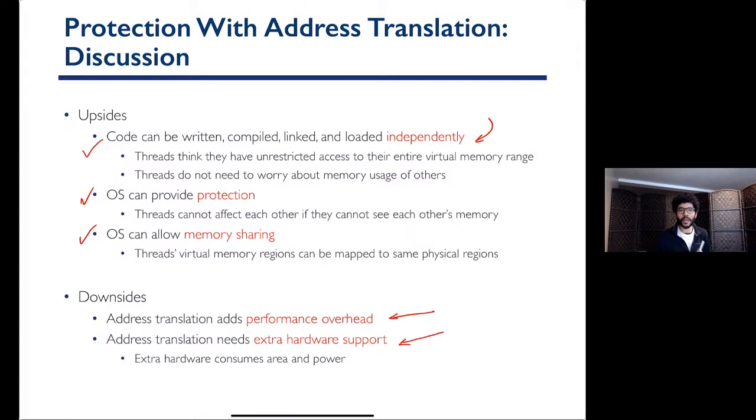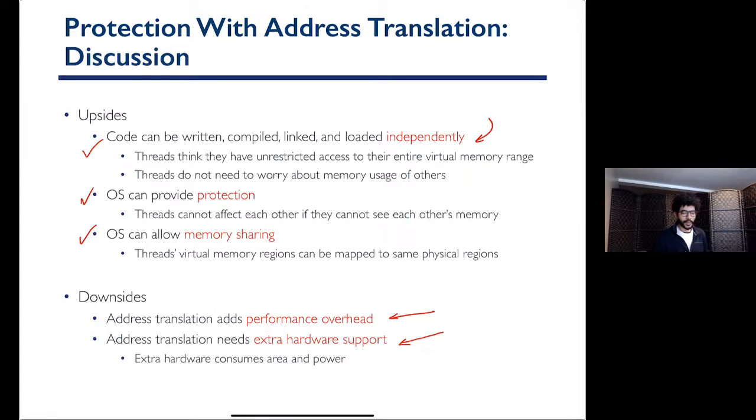You have to remember that the reliance on hardware is for performance. So we have an idea, this is how we're going to do it. But if we do it in software, it's going to be really slow. So we need hardware support. And hardware support means more hardware, and more hardware means more power consumption. And we already know that we have a power problem. So this is the downside of address translation.